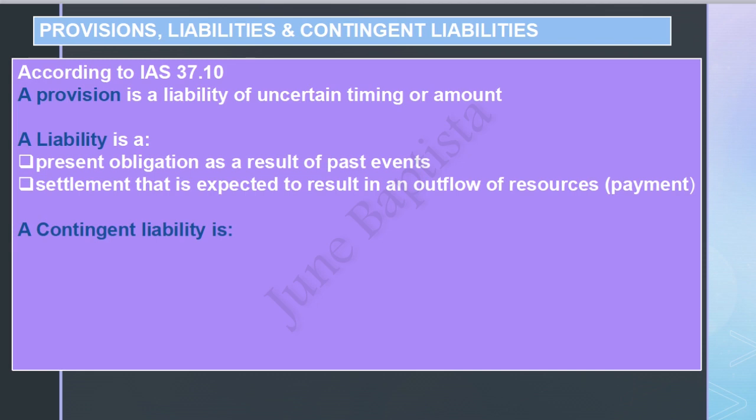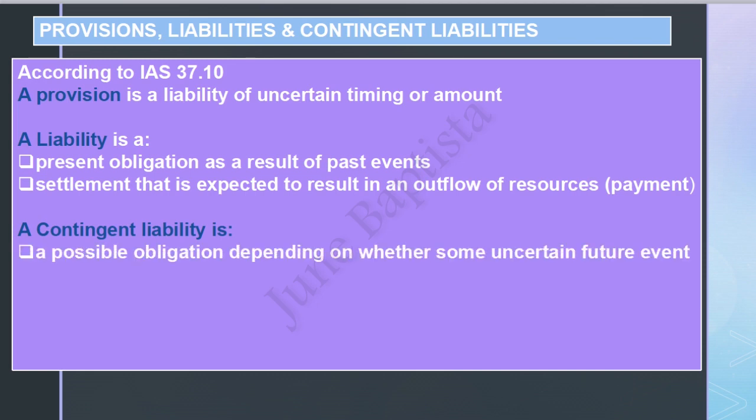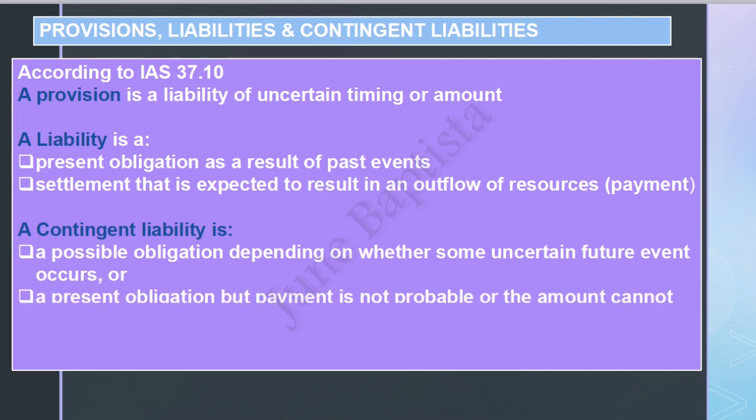A contingent liability is a possible obligation depending on whether some uncertain future event occurs or a present obligation, but payment is not probable or the amount cannot be measured reliably.